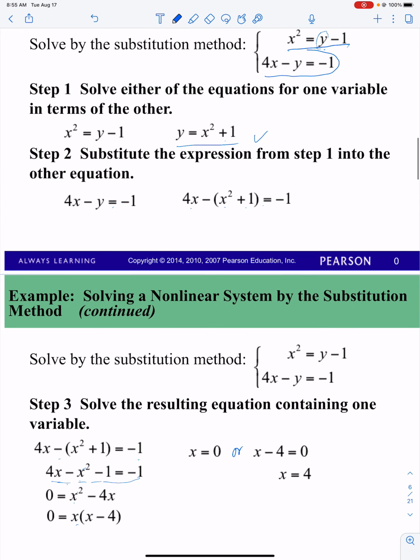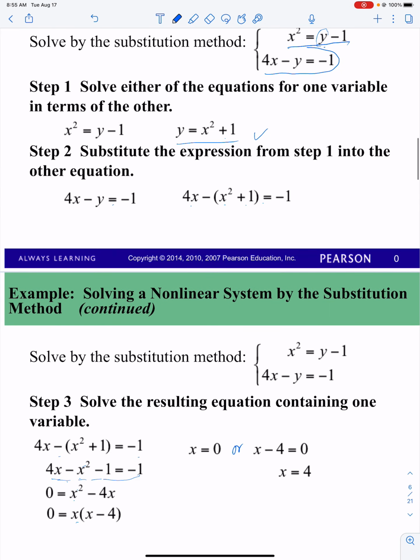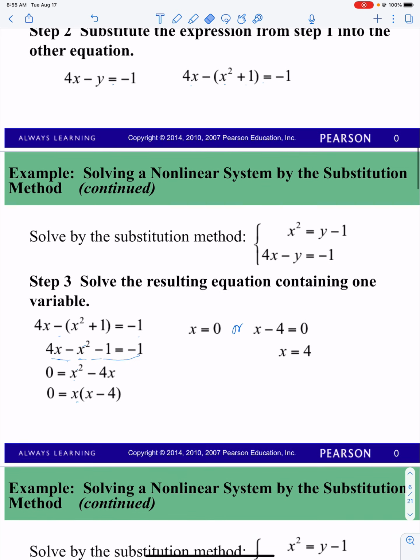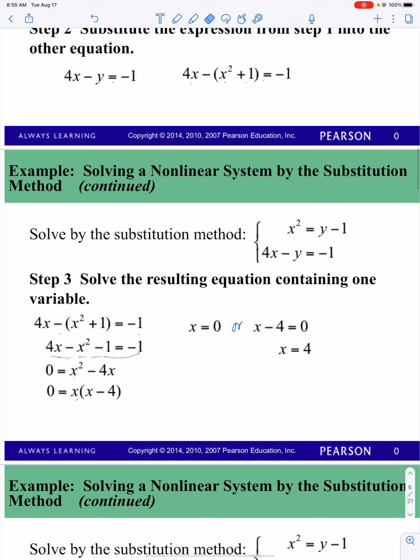Okay, and what do we want for the solution? We want the ordered pair. So for x equal to 0, you have to find your y. What is y again? y equal to x squared plus 1, so y equal to 1. And y equal to 4 squared plus 1, that is 17.